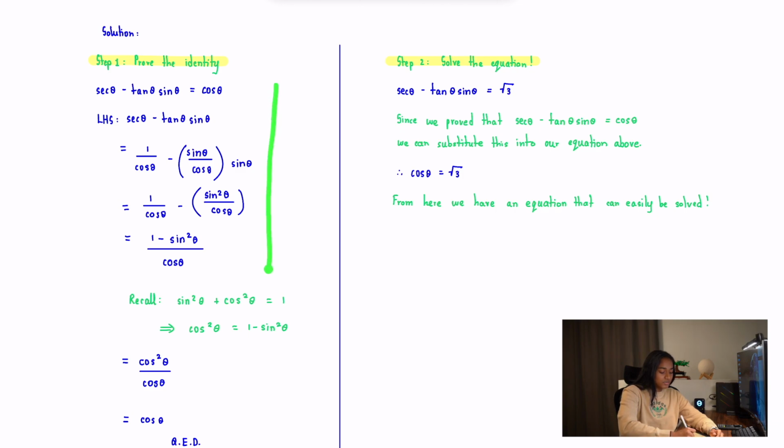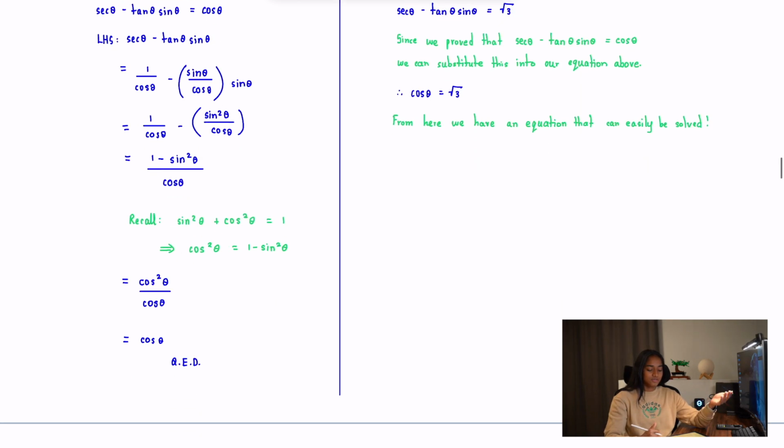To do this, we use other identities and simplify. Once we have proven the identity, QED, we can substitute cos theta and solve for theta much more easily, and then solve the equation.